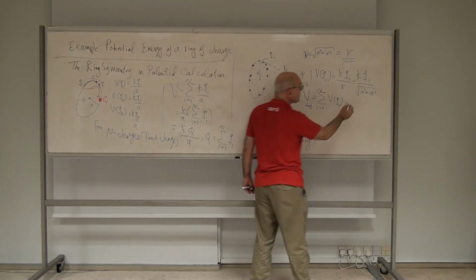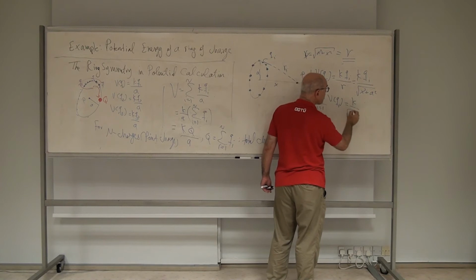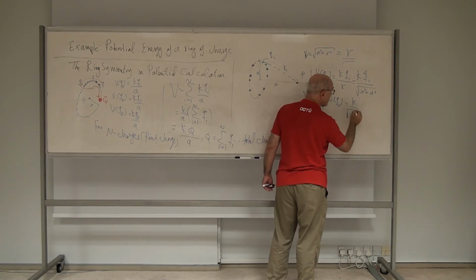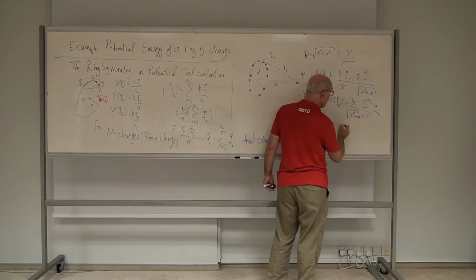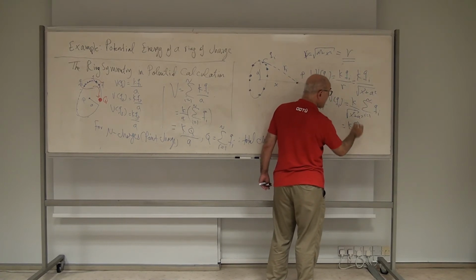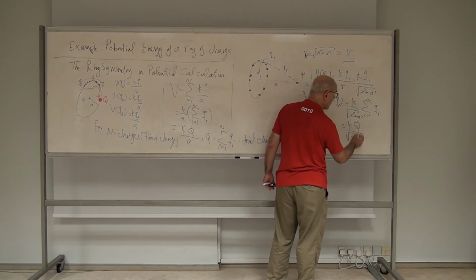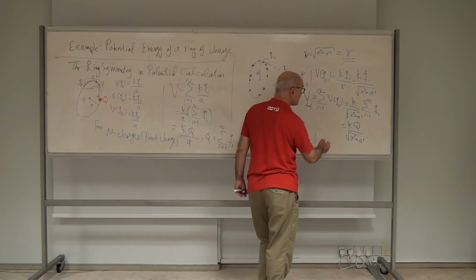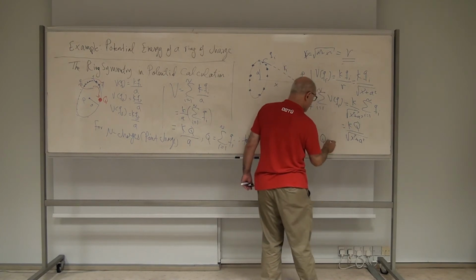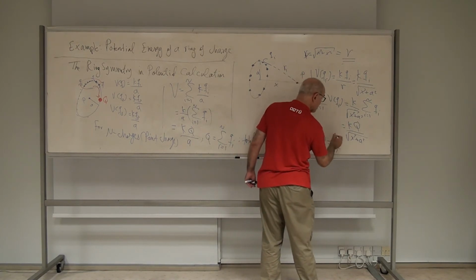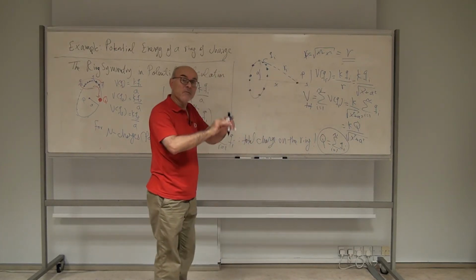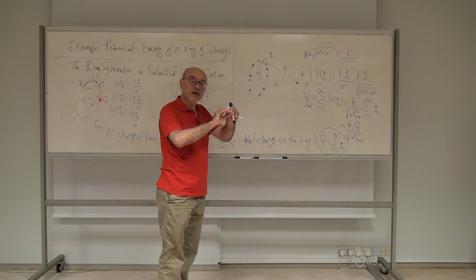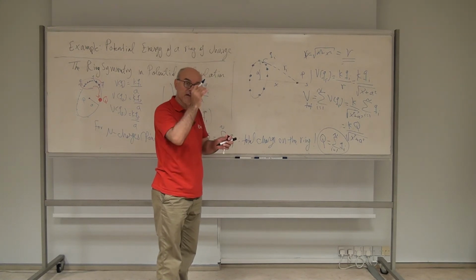If you add these together, it is k over the square root of x squared plus a squared times the sum of Qi from 1 to n, and this becomes kq over the square root of x squared plus a squared, where q here is the total charge, the sum of all the charges carried by all the point charges on the ring.